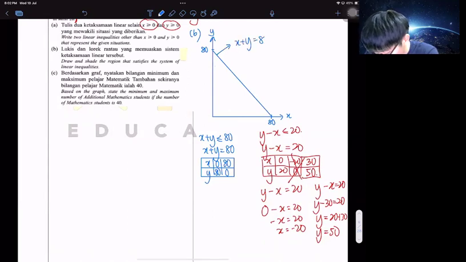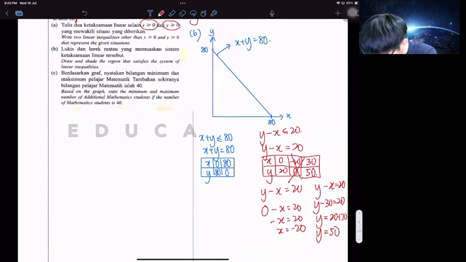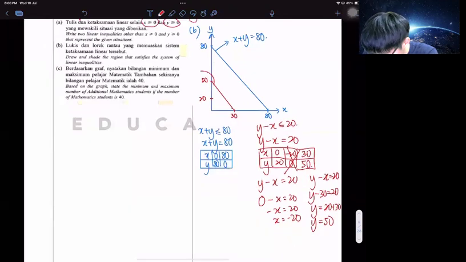X plus y equals to 80. The red one. 0, 20. 30, 50. I just estimate only. They go over here. Y minus x equals to 30.